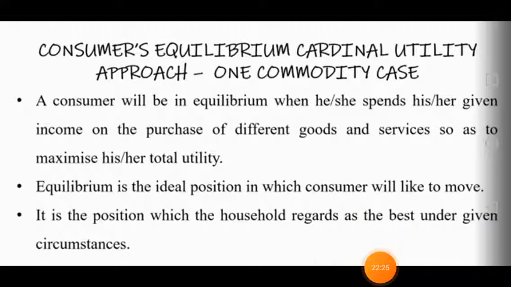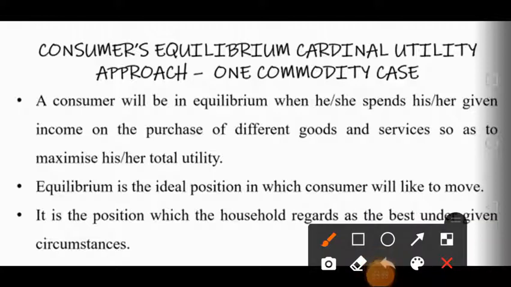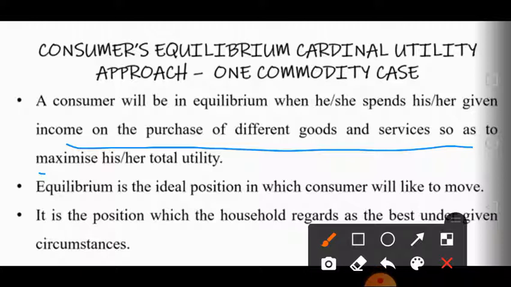So consumer's equilibrium, or cardinal utility approach, in case of one commodity we are going to discuss. A consumer will be in equilibrium when she spends his given income on the purchase of different goods and services so as to maximize his total utility.